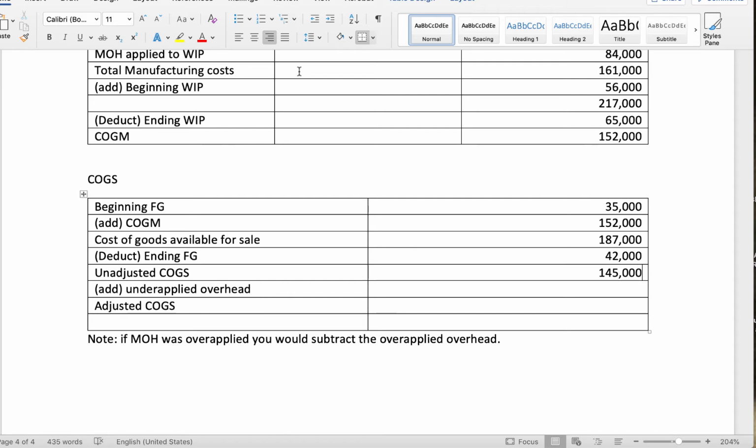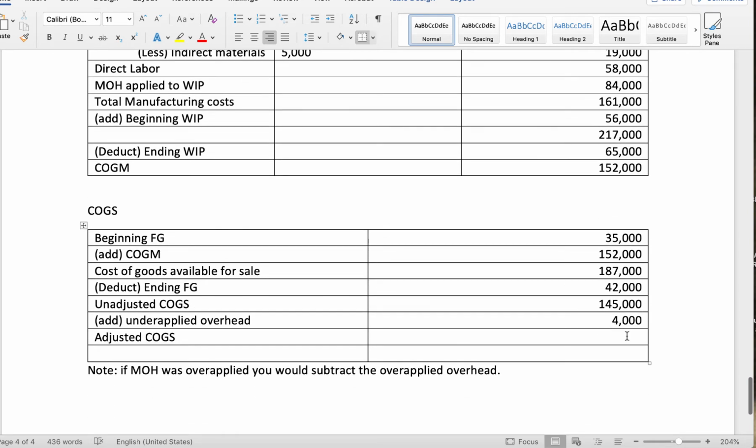So what do I need to do? Well, I need to add that underapplied overhead to my cost of goods sold. More specifically, I need to add that to the unadjusted cost of goods sold. So I'm going to add $4,000 to this, and I find out that my adjusted cost of goods sold, accounting for not actually applying enough overhead, ends up being $149,000.